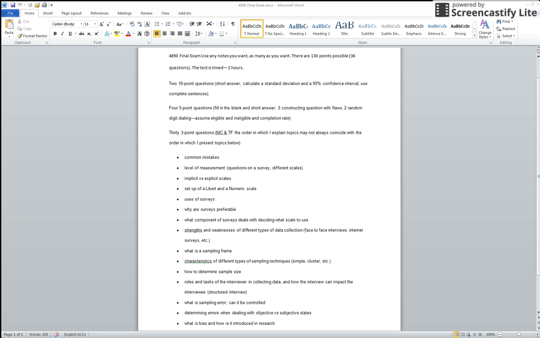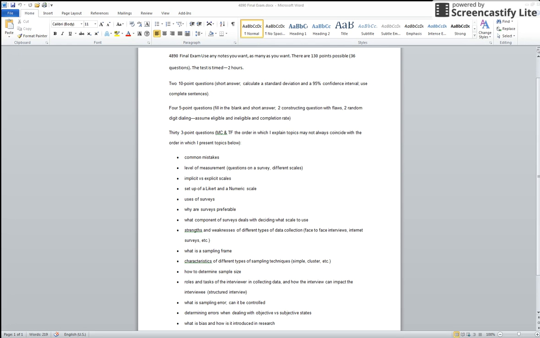So if I say, for example, that you have a 95% confidence interval in one sample and you want a 2% margin of error, but yet in another sample you have a 95% confidence interval and a different margin of error, you need to identify truths about what you can and can't do. So again, you'll see those in the notes that we talked about over the course of the semester.